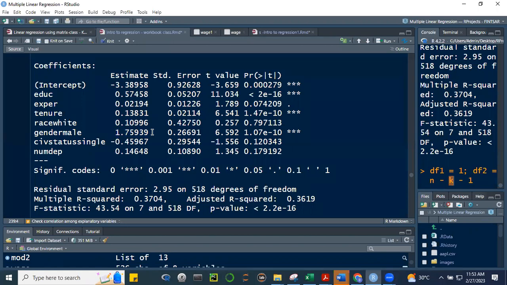On the average, the male respondents in this survey received $1.76 more hourly wage, positive, than their female counterparts. Let me repeat that. There's no ceteris paribus here. On the average, male respondents of this survey received $1.76 more than their female counterparts.